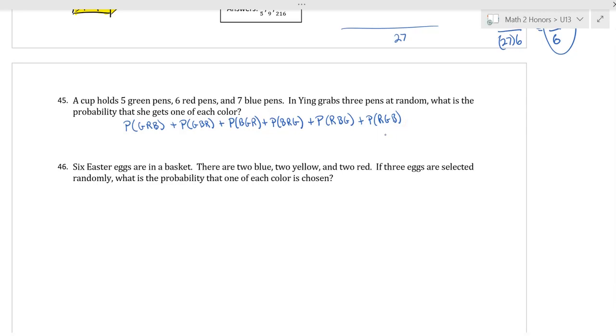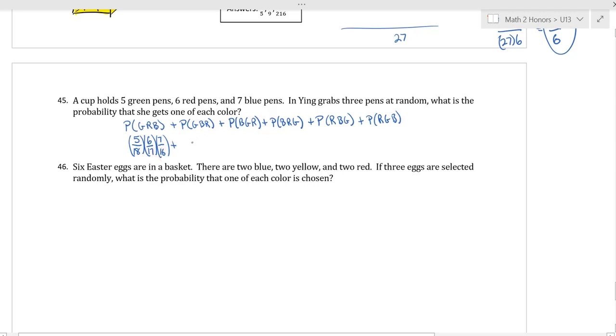So the probability of the first one, green, red, blue. So we got 5 out of what? 7 plus 5 plus 6 is 18. Then red, we got 6 out of 17 now. And blue we have 7 out of 16.